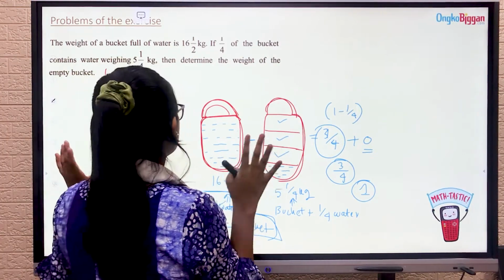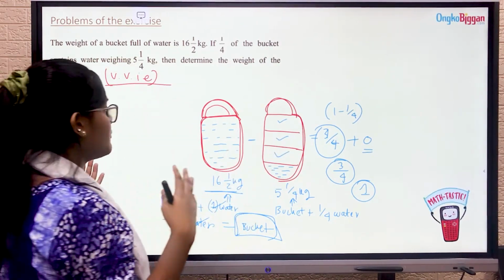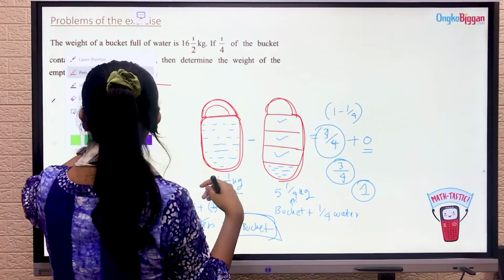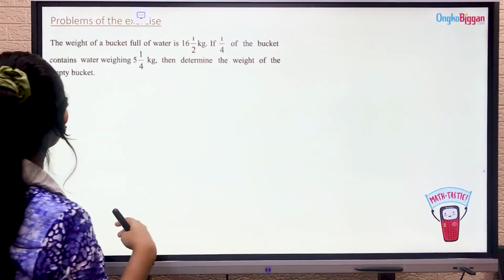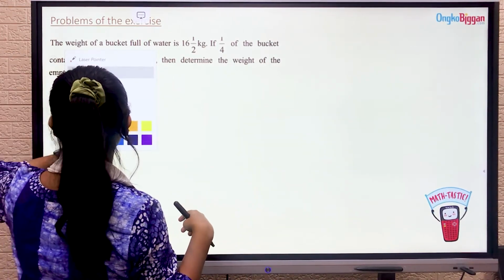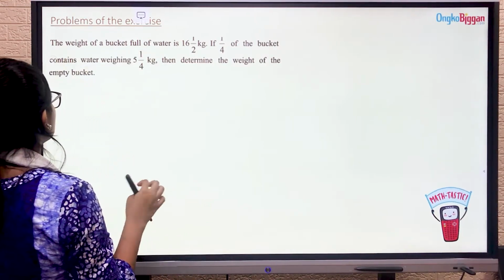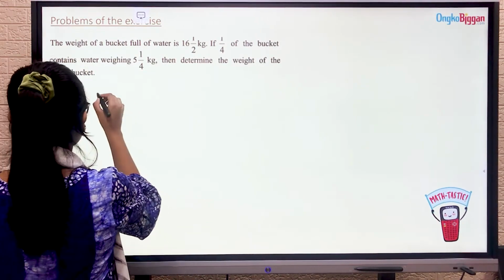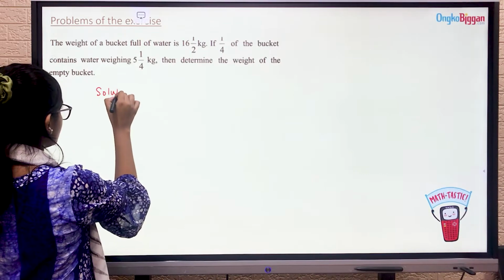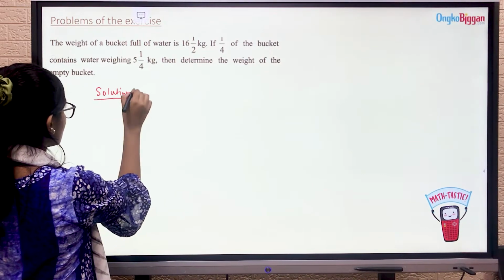So I am just doing the math. By doing the math, you will be more clear. So let's do it. In our question, we are going to write the solution.